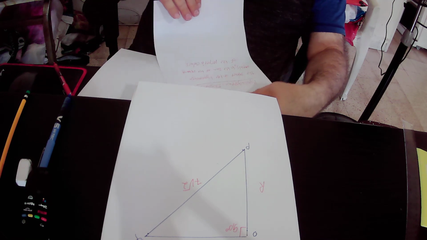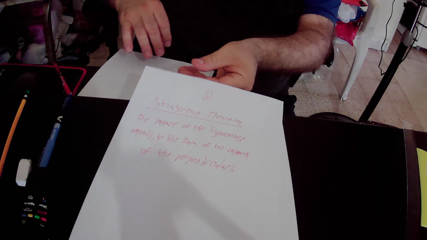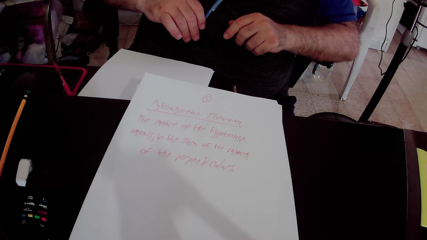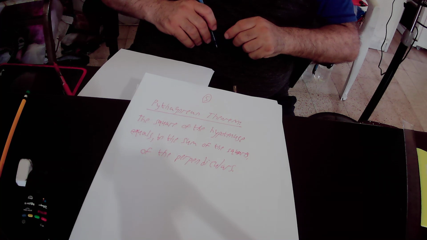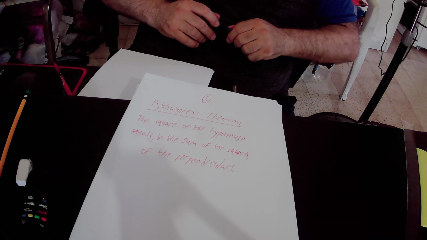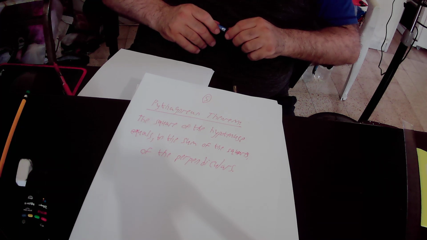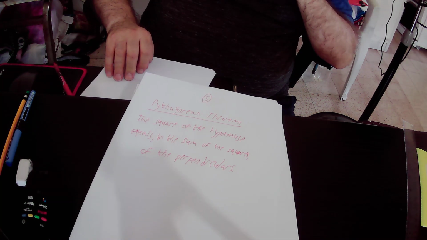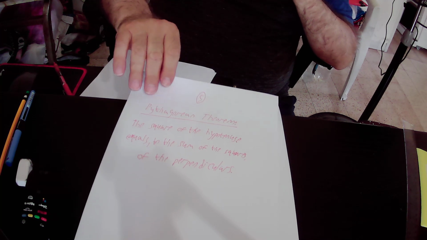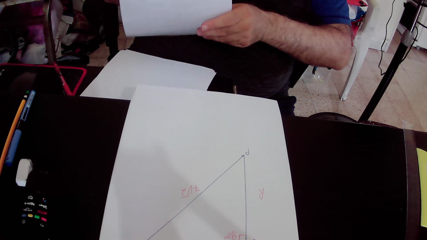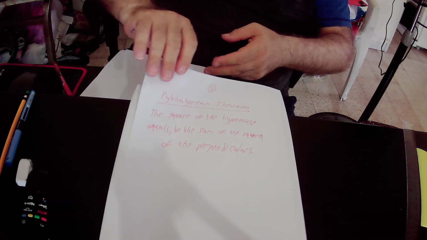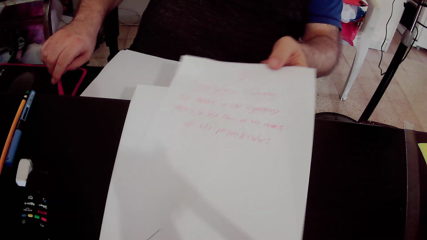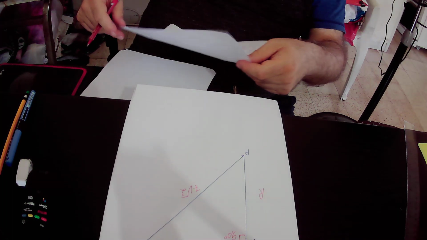So I will read the Pythagorean theorem again: the square of the hypotenuse equals the sum of the squares of the perpendiculars. Okay, I will explain the theorem. Actually, it applies only to right triangles, I will add.